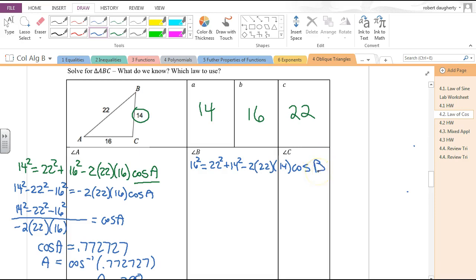So if I solve this, I'm going to get 16 squared minus 22 squared minus 14 squared, over negative 2 times 22 times 14, equals the cosine of B. And I'll put all of that in my calculator.